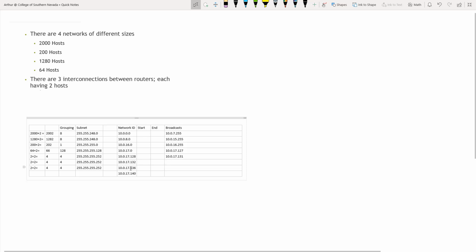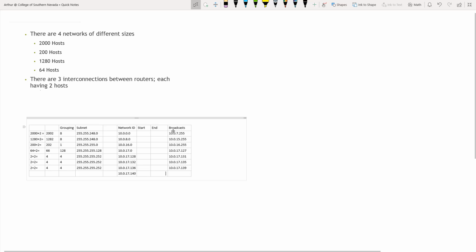For this one, same thing. We look at the next ID and subtract 1. 10.0.17.135. We have 1 left to go. 10.0.17.139. Again, we look at the 140, subtract 1. And that's all we need for our broadcasts.